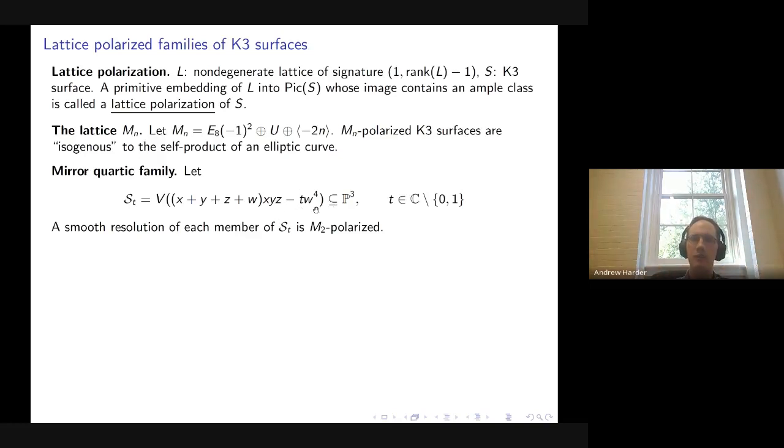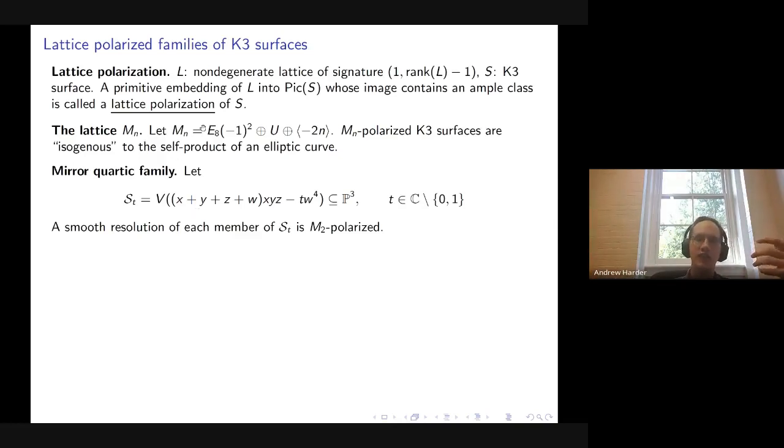If you take the hyperplane W equals 0, the intersection of that with this vanishing locus will be 4 lines meeting at 6 points, and these intersection points will give rise to singular points inside of each of these hypersurfaces. Each of these singularities is an A3 singularity. Resolving each of these 6 singularities gives you 18 curves inside of a resolution. Then you take the ample hyperplane class and you get another curve. So that'll span a 19-dimensional sublattice.